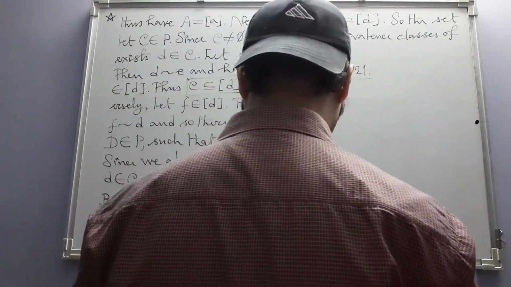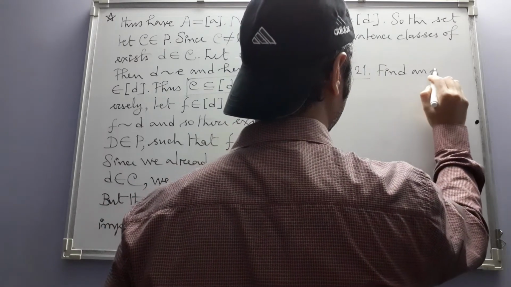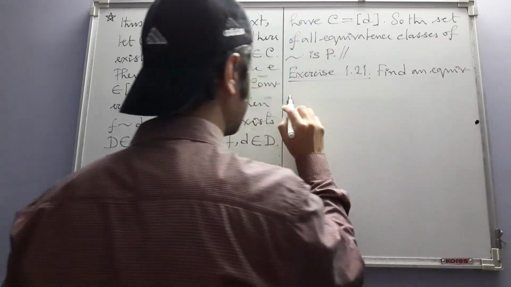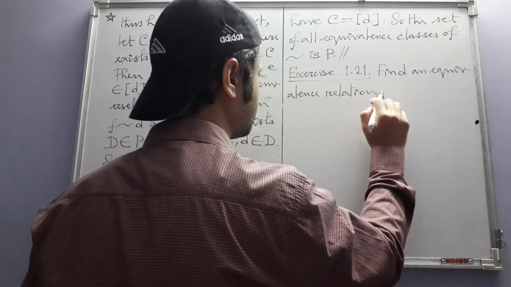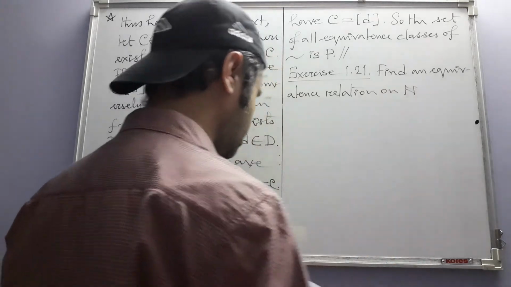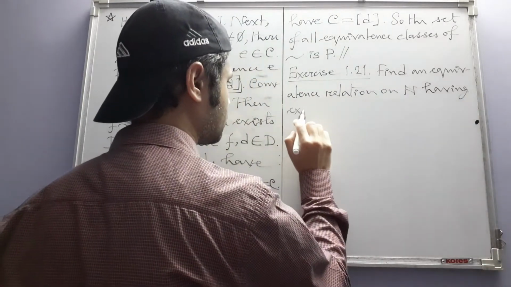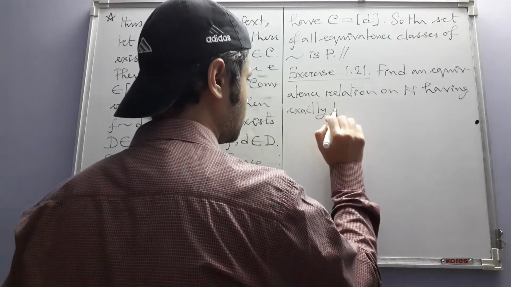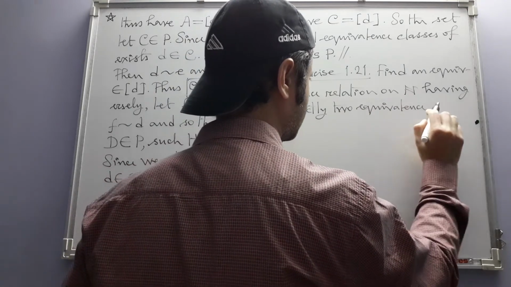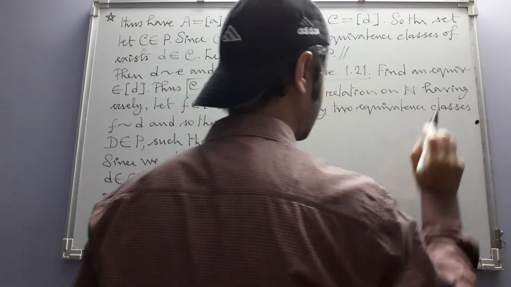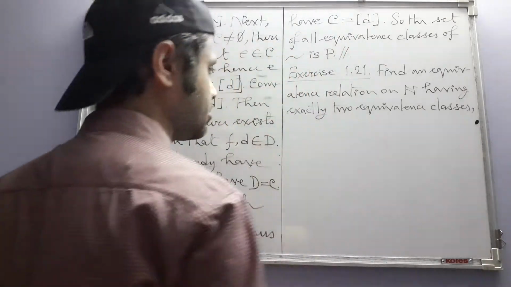Find an equivalence relation on the set of natural numbers having exactly two equivalence classes, one of which contains exactly 3 elements.